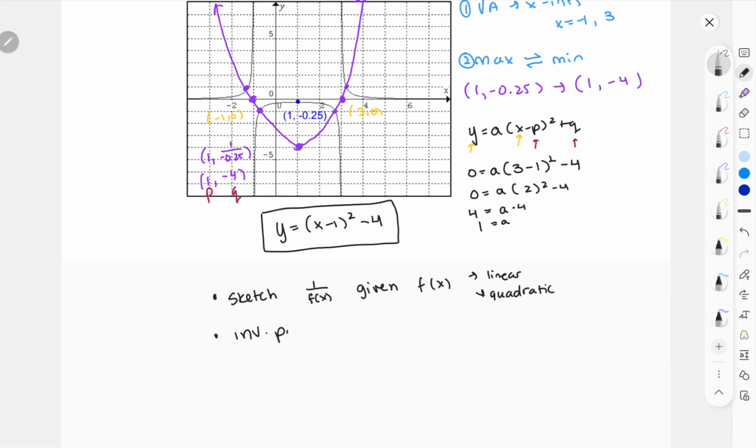So we have invariant points, we have vertical and horizontal asymptotes, and how all of these things affect our domain and range. Right, so making sure we can go both directions. I can start with a regular function and sketch a reciprocal. I can also start with a reciprocal function and sketch an original function, talk about equations, talk about invariant points, talk about asymptotes, talk about the domain and range of these things.